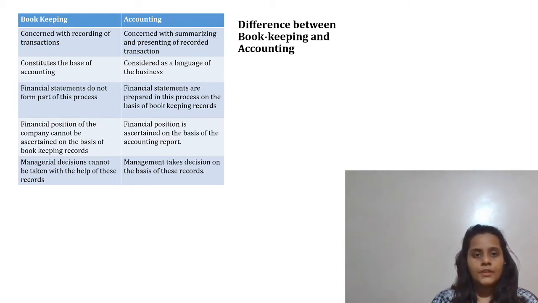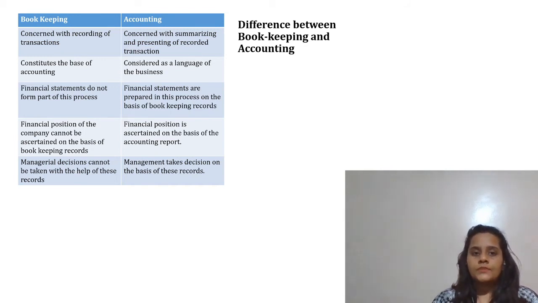Bookkeeping is concerned with only recording of the transactions, whereas accounting is concerned with summarizing and presenting the transactions in a systematic manner. Now, bookkeeping is the basis of accounting. The first stage in accounting is to record the transactions.